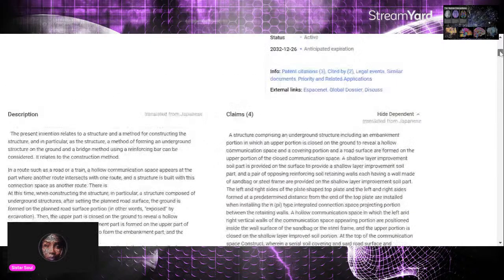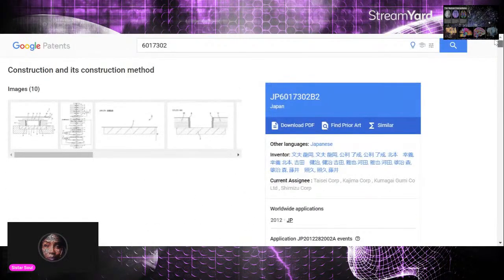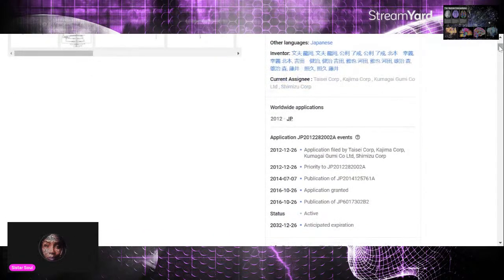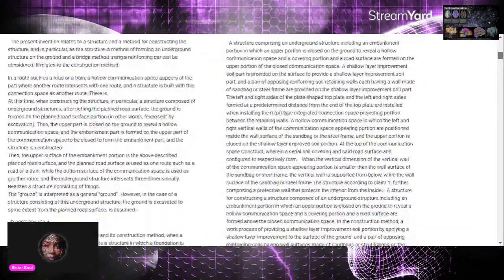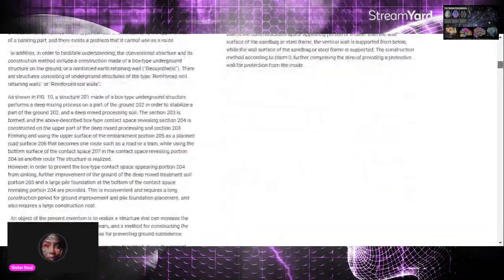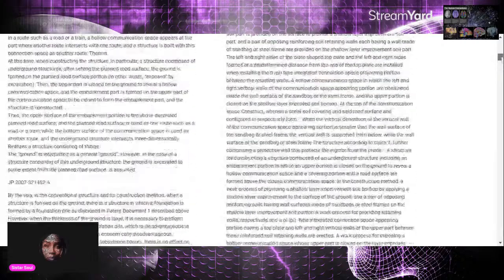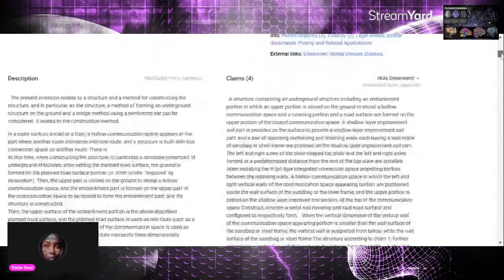I got a couple I want to read from. This is showing construction and its constructed method. The construction, which we know is the building. I'm not going to read the whole thing, but I'm going to read some of this. Okay, let's go.